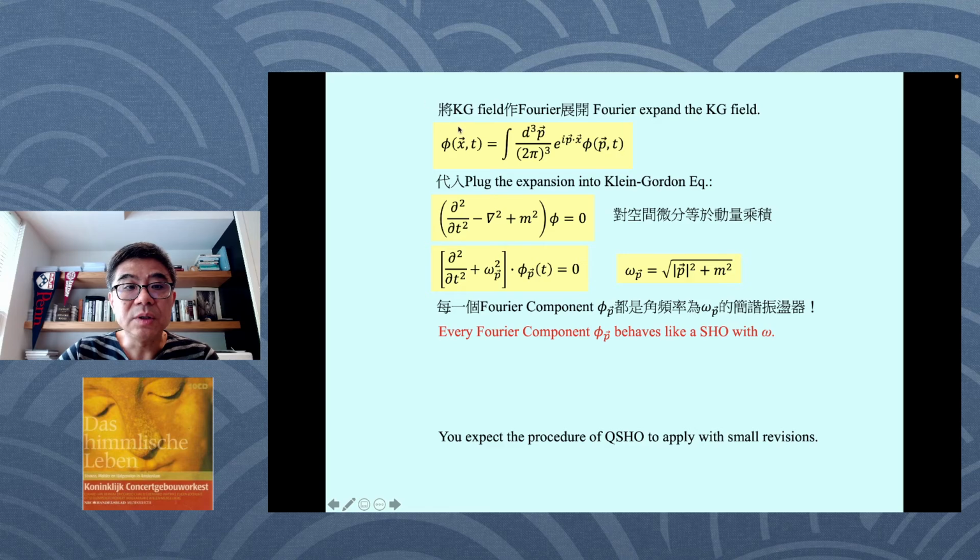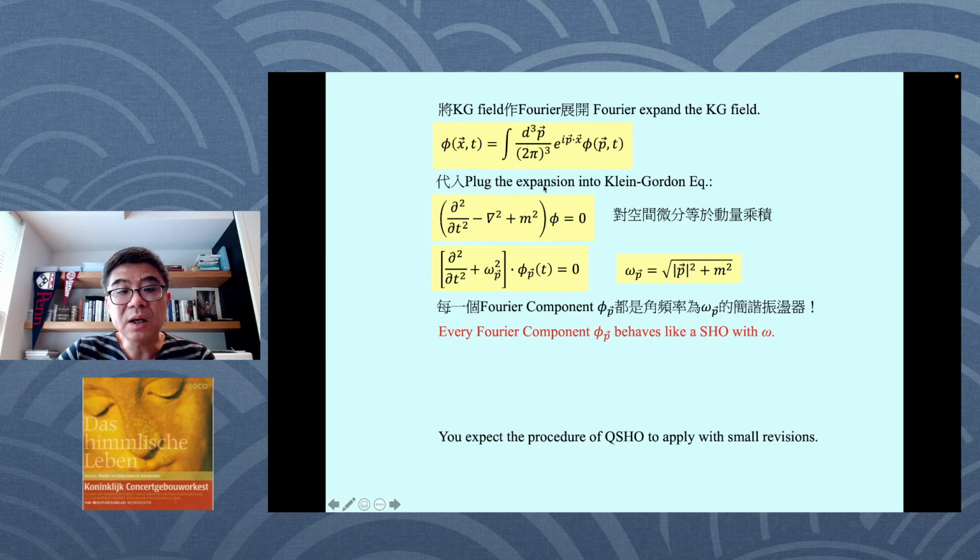What we do is Fourier expand the Klein-Gordon field. If phi is the Klein-Gordon field, then I do the Fourier transformation, expanding in terms of components with specific momentum p. So phi can be written in this way; that's a classic Fourier transformation.